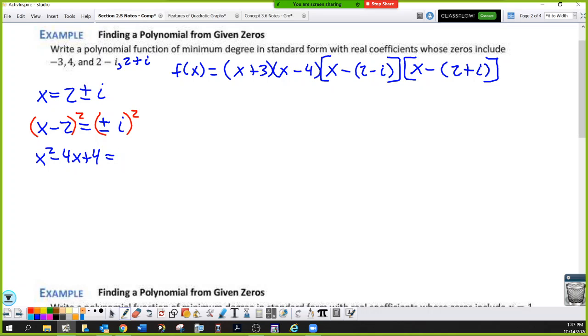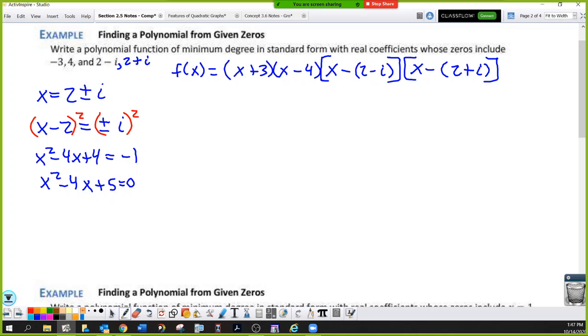And on this side, it's just i squared, which is negative 1. Now add that 1 to both sides. It doesn't matter if you square a positive or a negative, you're always going to get a positive result. There you go.